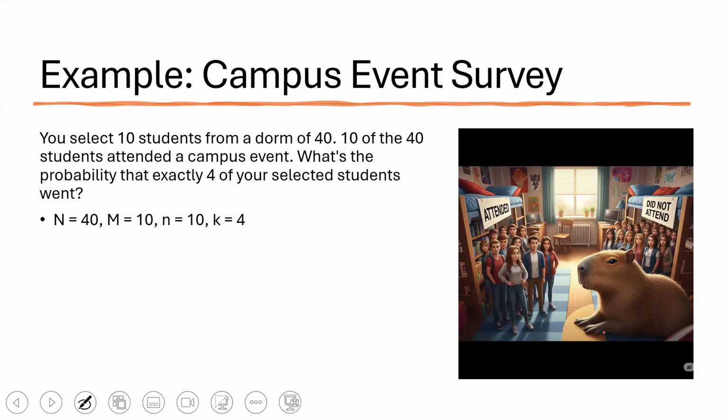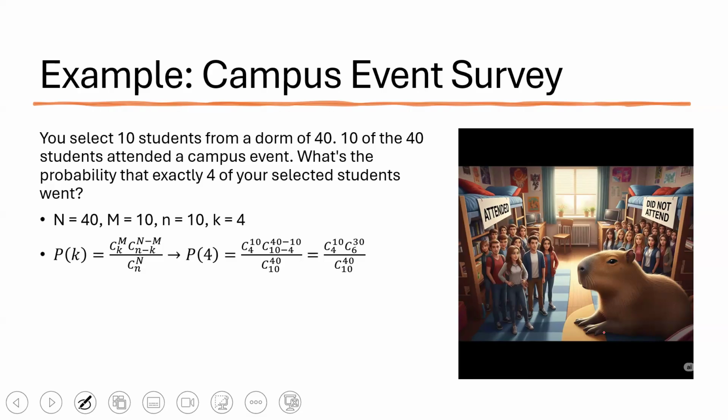Capital N is the 40 in the dorm. Capital M is the 10 event attendees. Lowercase n is the 10 students selected. And k is the 4 event attendees in the sample. This mirrors many real-world survey or quality check settings. We plug into the formula again.